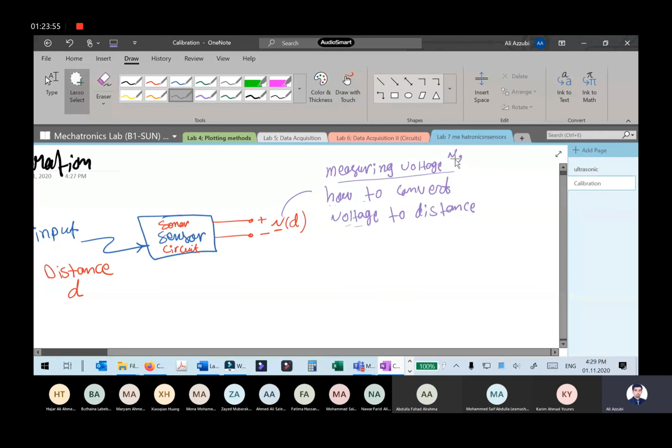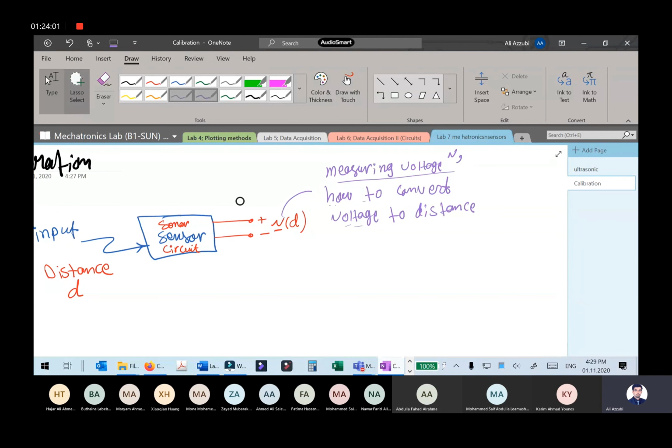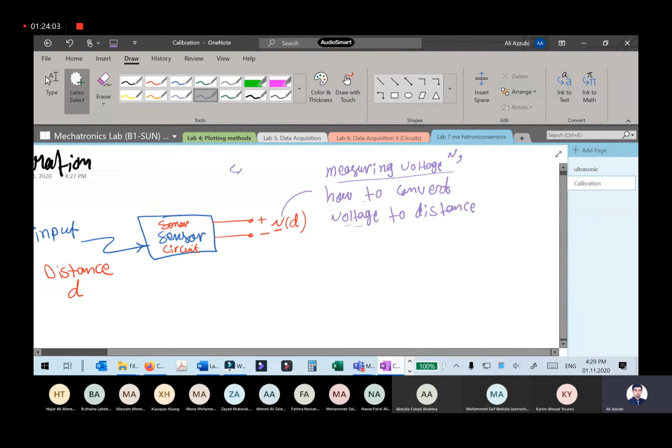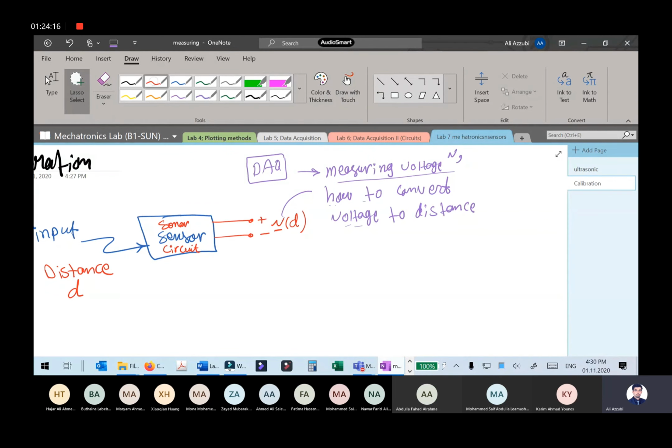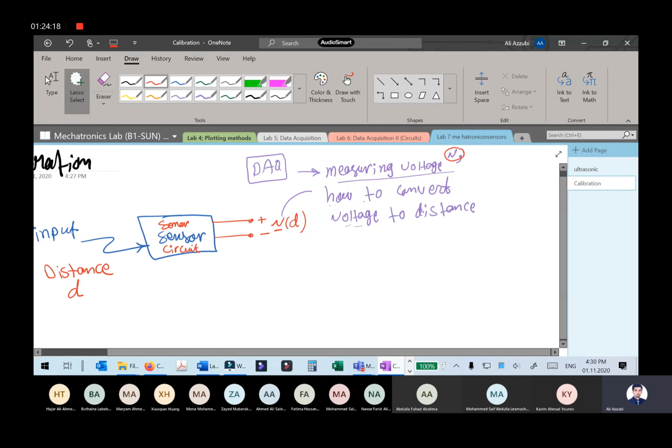We have seen basically how to measure voltage in the DAC lab, right? So you need a DAC board or voltmeter or data acquisition system in general, analog digital converter. So I have a voltage ready. Now my task is how to convert it back to distance.